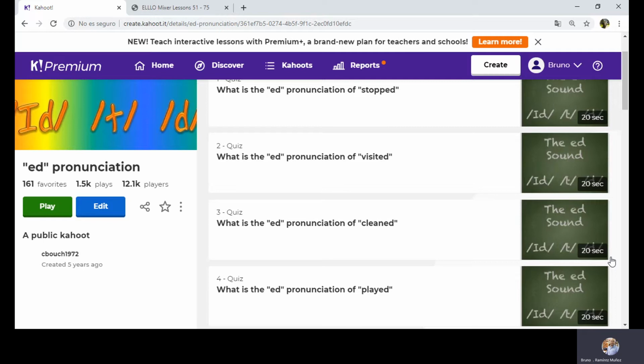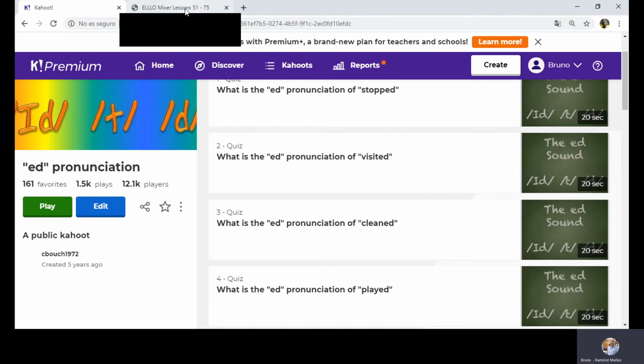And if the word or a verb ends in t or d, like the examples want and need, you get the ending id, right? As in needed and wanted. Okay. So that was the Kahoot focused on the ed ending.